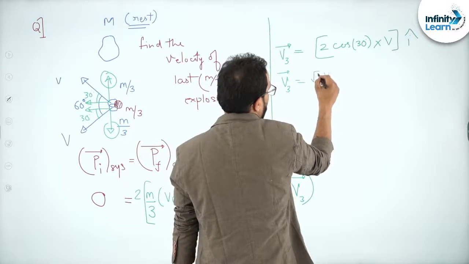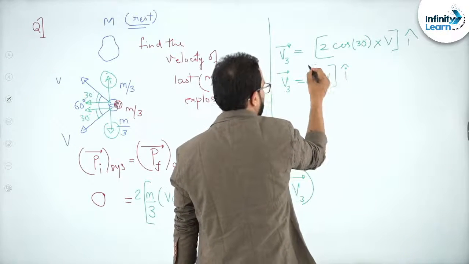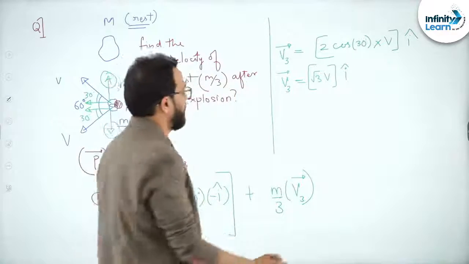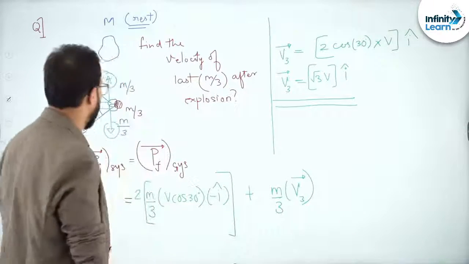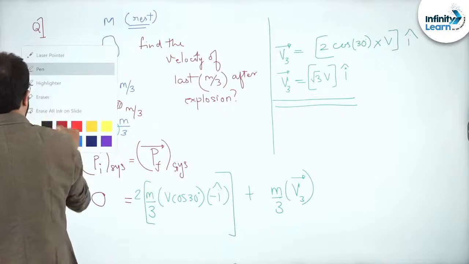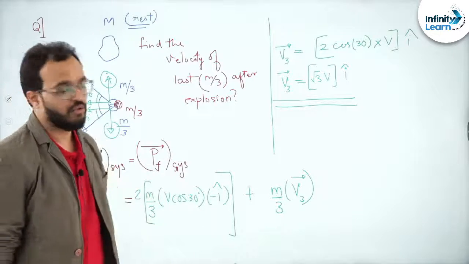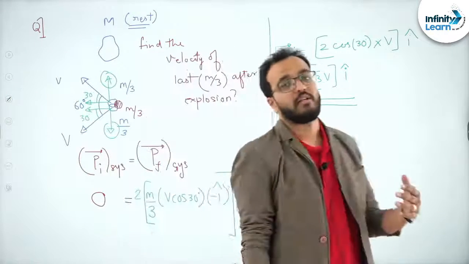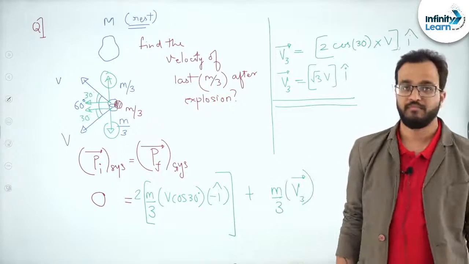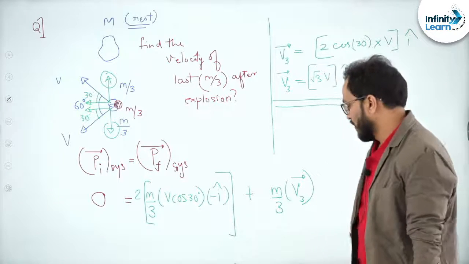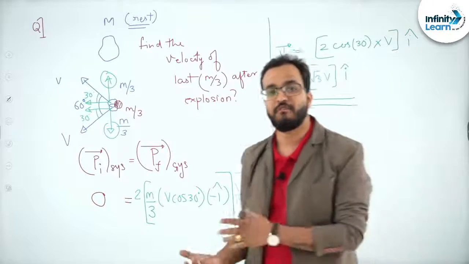So it will be root 3 v times I cap. I hope it is understood to all of you students. So this is how we can figure out the velocity of the third fragment of the bomb. Clear? So these are certain concepts about the motion of the center of mass.